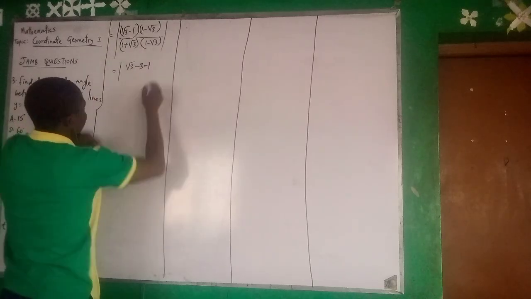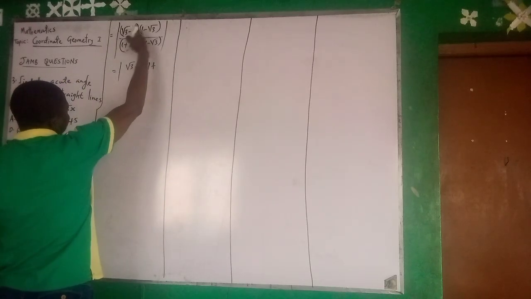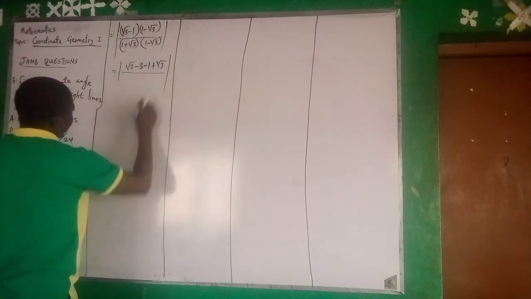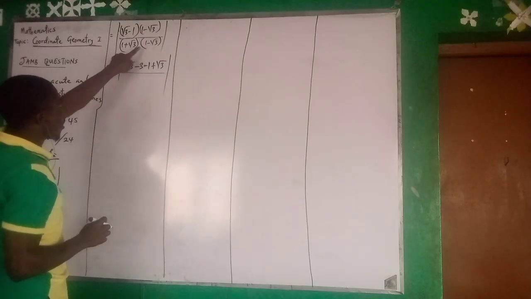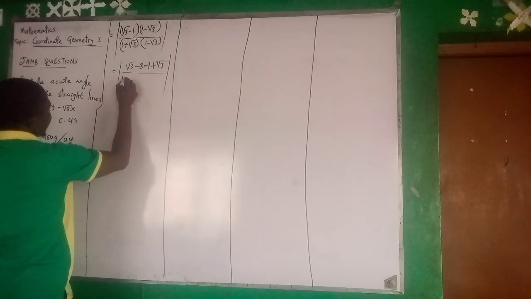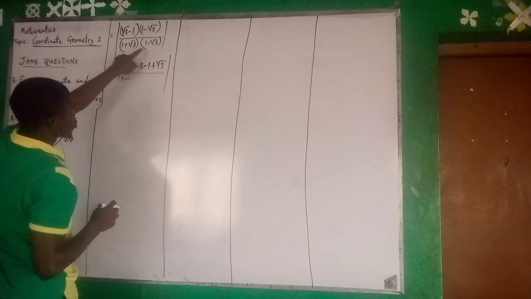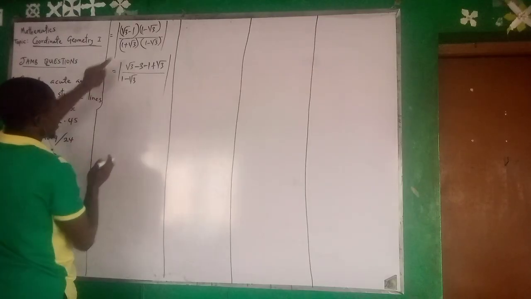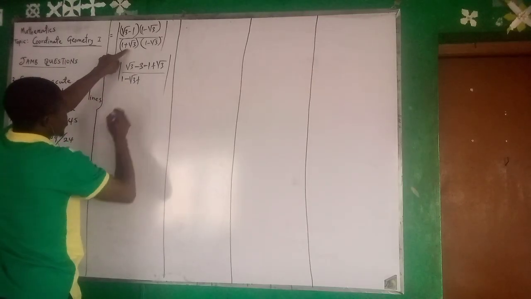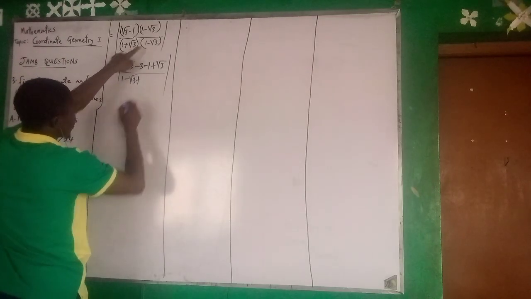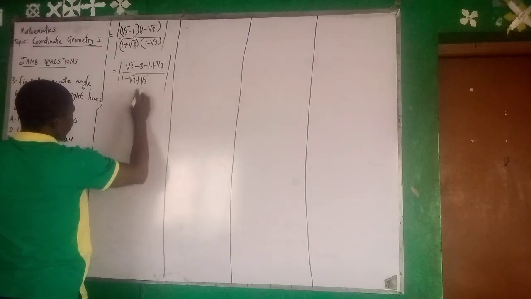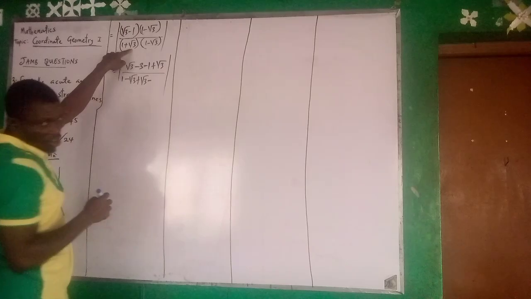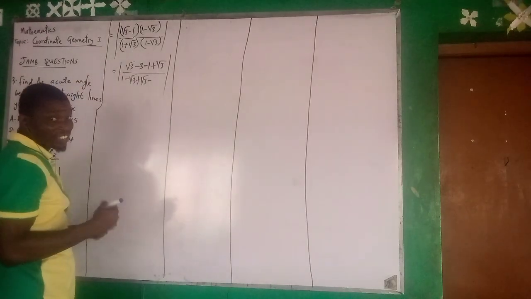Minus times minus is plus. 1 times root 3 is root 3, all over 1 times 1 is 1, minus 1 times root 3 is root 3, right? Plus root 3 times 1 is root 3, plus times minus is minus. Root 3 times root 3, I told you, is 3.